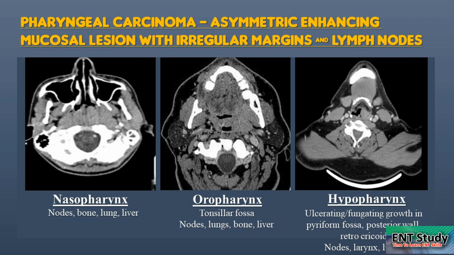With oropharyngeal CA, usually you see something in the tonsillar fossa. Again, a long-standing sore throat, something coming up, the patient not quite understanding what's happening, but there are lymph nodes. The patient is being evaluated for lymph nodes. 60% of them present with lymph nodes.